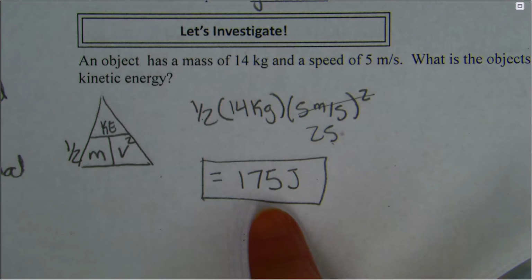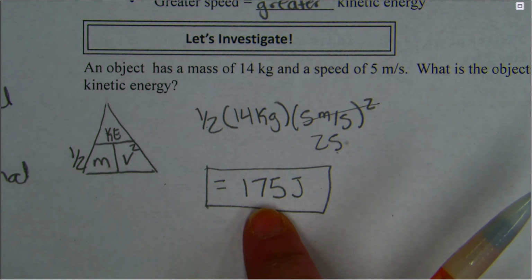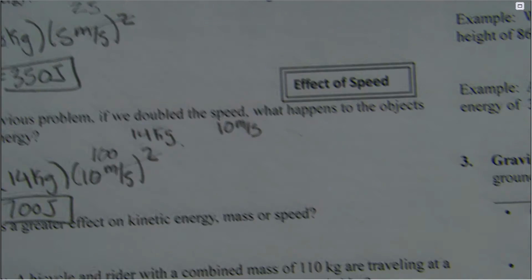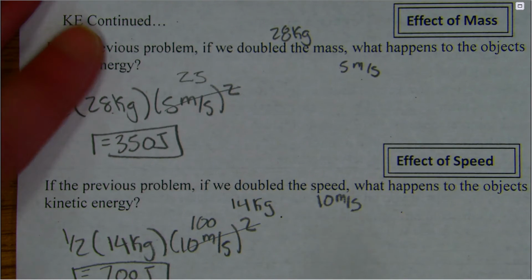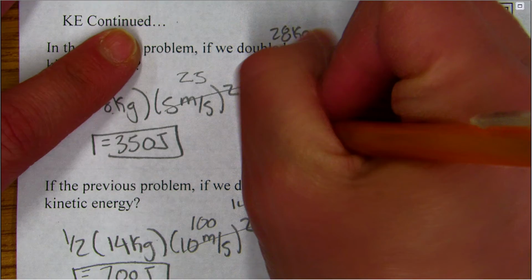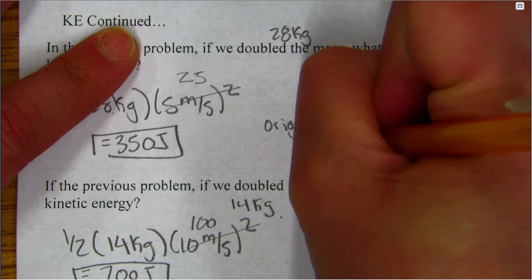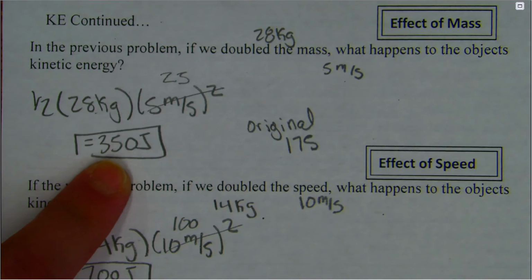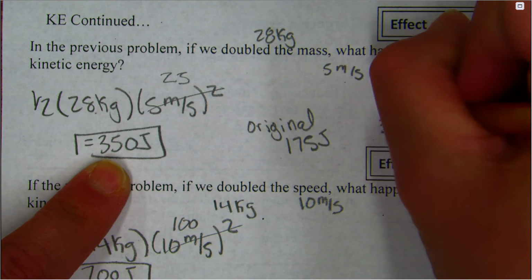Okay, so let's go back to our original. Our original amount of energy was 175. So let's look at these two compared to the original. Let's start with mass. The original was 175. My new energy is 350.